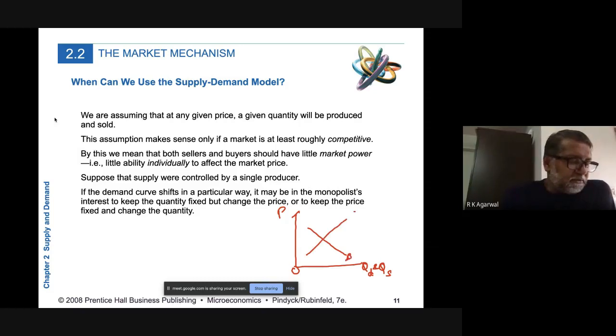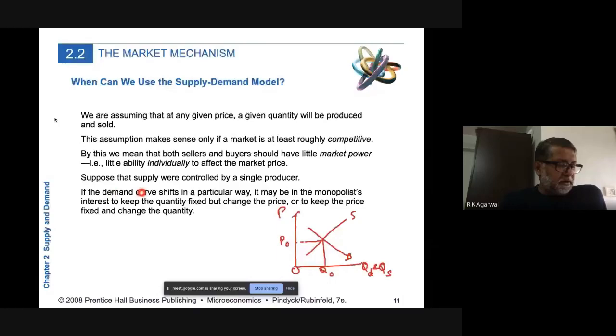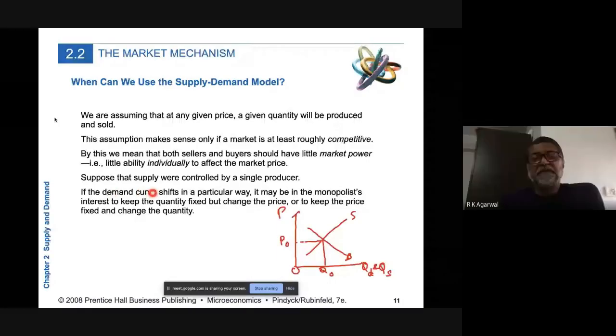And this is supply. Originally, price is P0, quantity is Q0. Now, read this one. If the demand curve shifts in a particular way, that is, it may shift to its right or it may shift to its left, it may be in the monopolist's interest to keep the quantity fixed, but change the price.